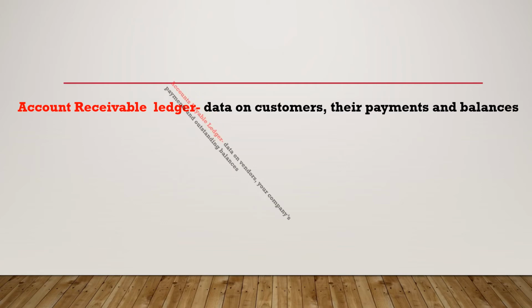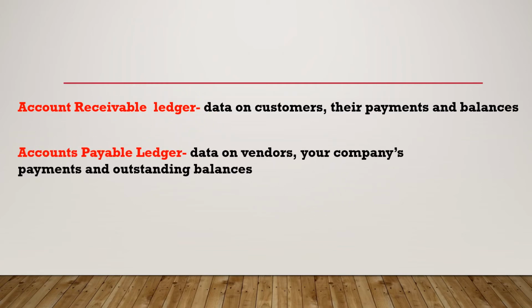Same thing for account payable ledgers, which are used to keep the data on vendors, your company's payments to these vendors, and the outstanding balance. This account is made up of different pages, individual pages for the individual vendors that you bought from.